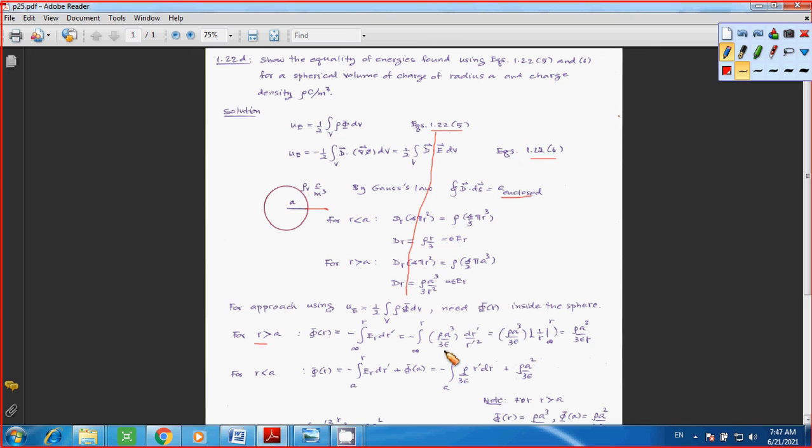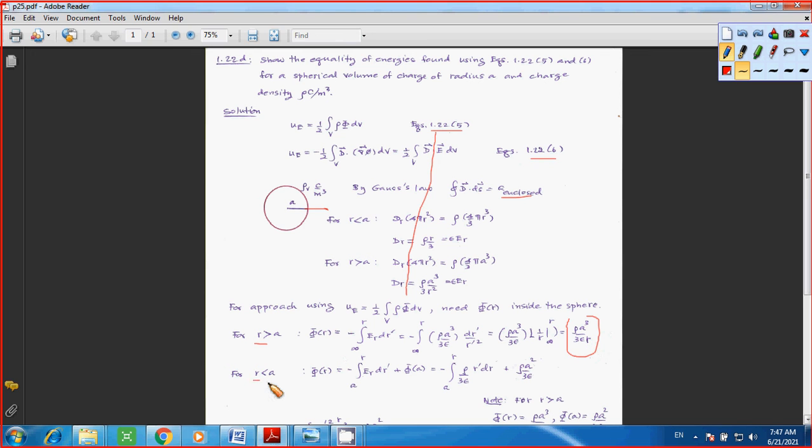You can work out the math by yourself. You end up with phi(r) for r greater than a equal to rho a cubed divided by 3 epsilon r.